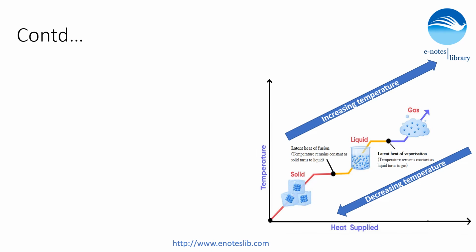For example, 7 times more energy is required when water is converted to water vapors than it takes to melt ice into water. It means a single substance can have different kinds of latent heat.